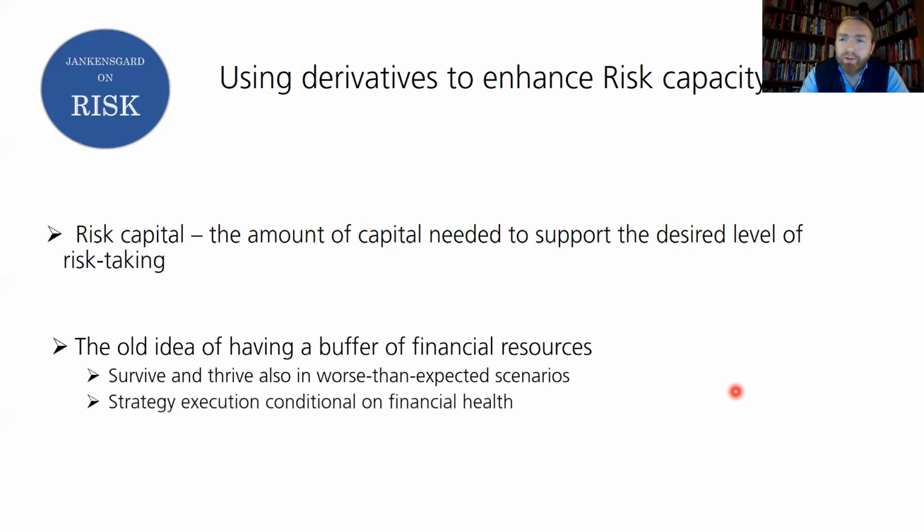So we're talking optimal strategy execution across a large number of scenarios, not just the expected one. Because as is well understood, to execute your strategy, it takes financial resources, and those tend to get scarce in worse than expected scenarios. So that's where a buffer comes in handy.